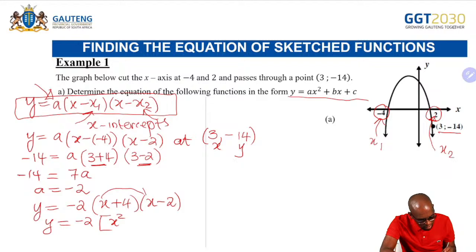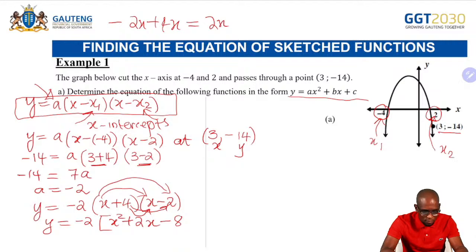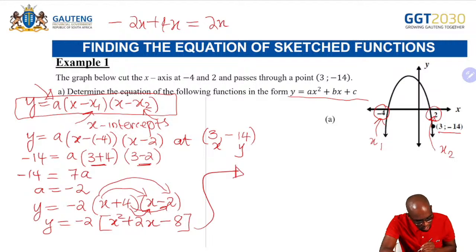When I multiply using the distributive law, I get -2x, and then plus 4x. So -2x plus 4x should give me plus 2x, and then minus 8, because I'm multiplying 4 with -2. Allow me to complete my workings here.